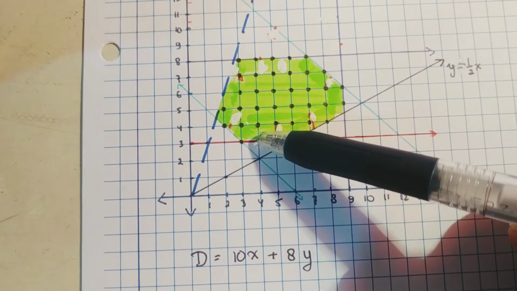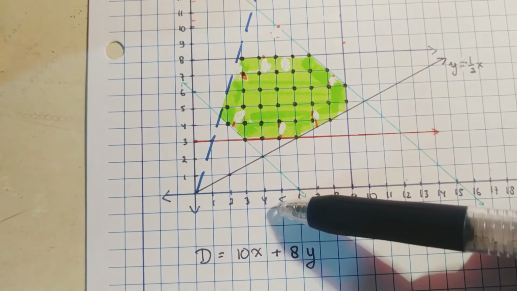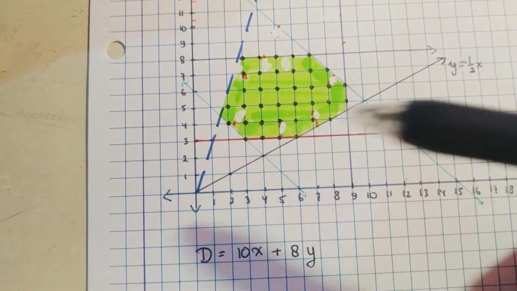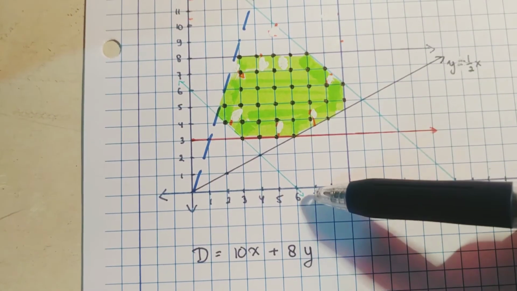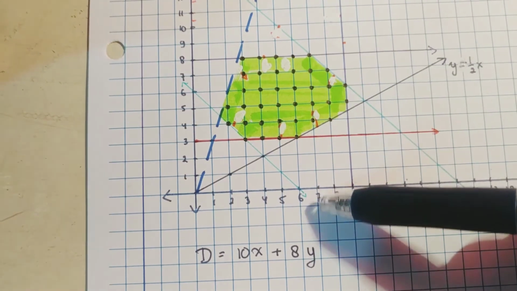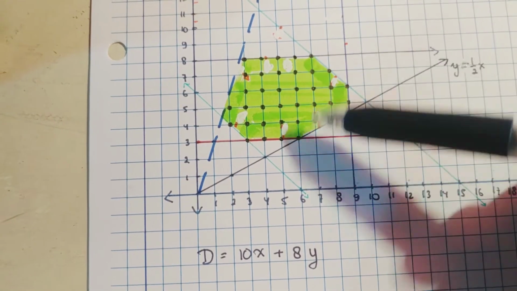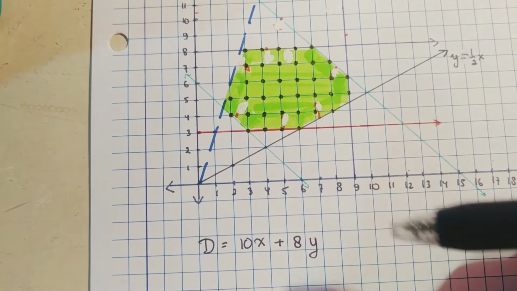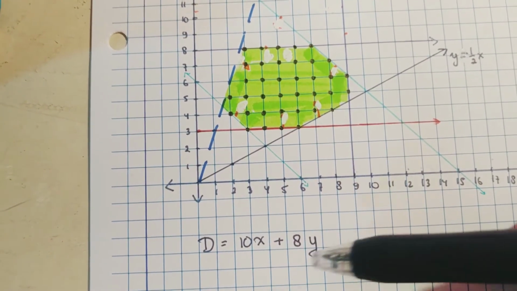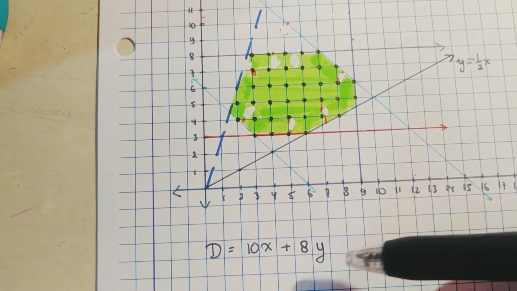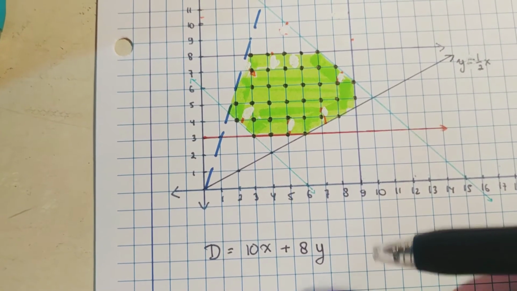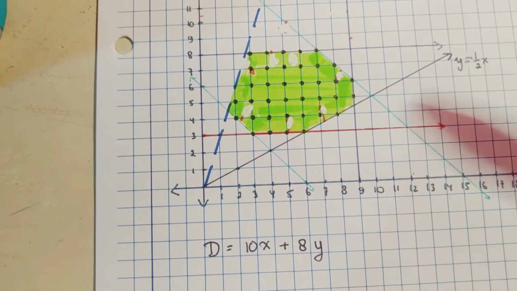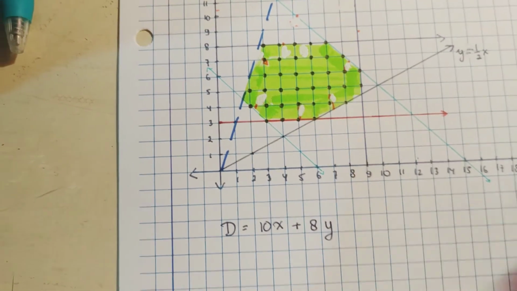So 4 old members and 3 new members, 5 old members and 3 new members, and so on. And for this one it is 7 old members and 8 new members. You can try one by one and then find out which one will give you the highest value, and that's the answer. But again, it is wasting time.